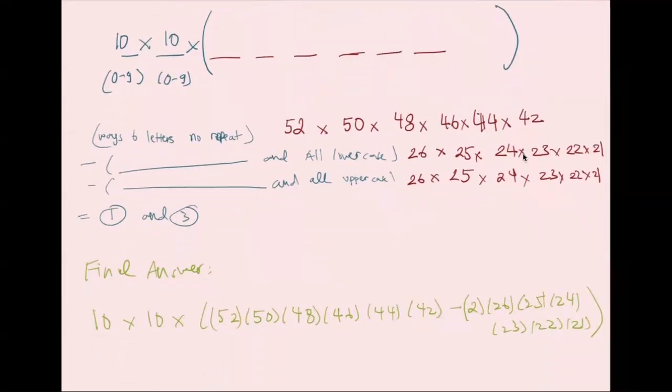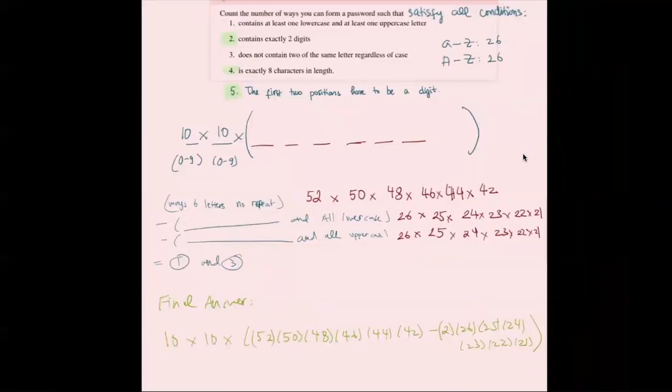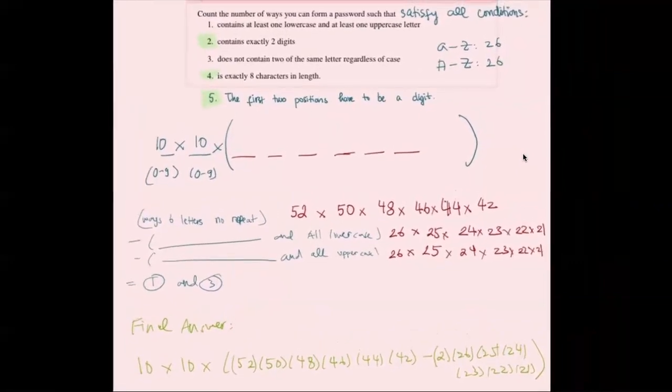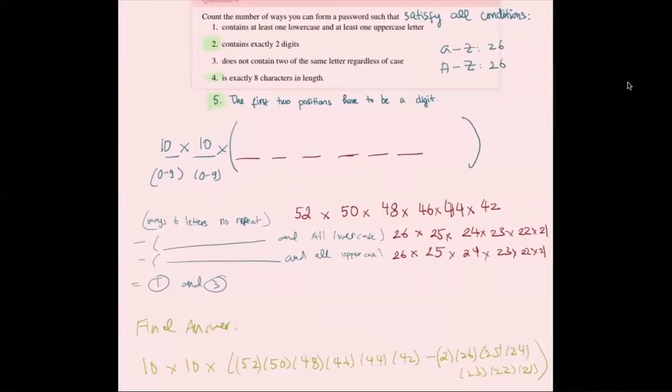So this would be my final answer. And if you see this question in the test, you don't need to simplify it further. I think the number will be pretty big.